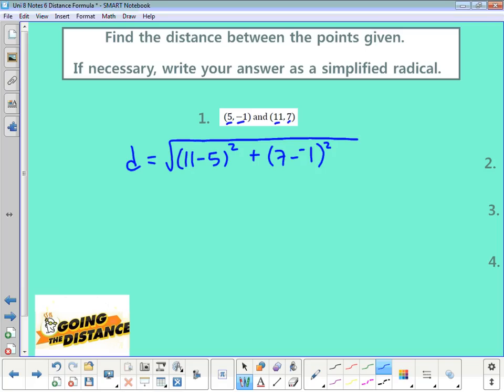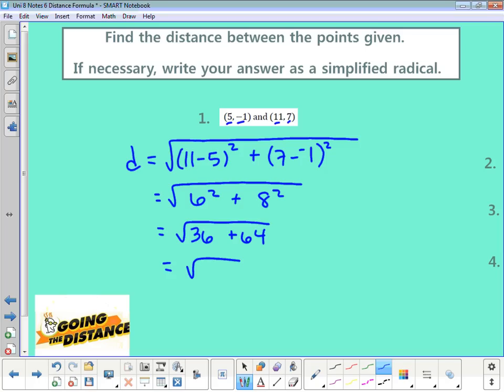Then I just keep solving that. 11 minus 5 is 6. 7 minus -1 is 8. That's the same thing as 36 plus 64, which is 100. So my distance is equal to 10.